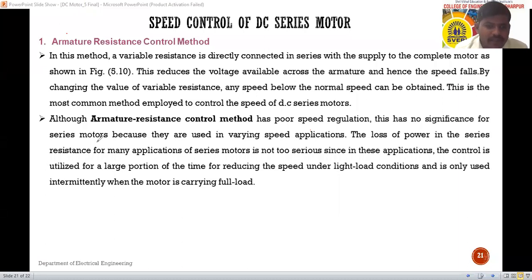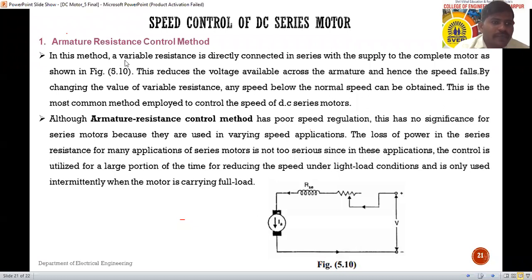We will see here. In this method, a variable resistance is directly connected in series with the supply to the motor, as shown in the figure.